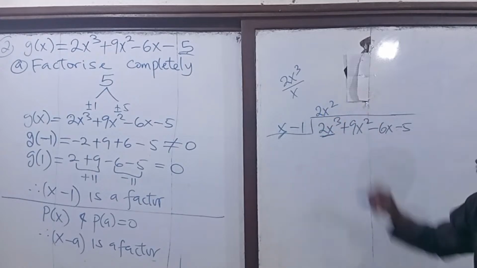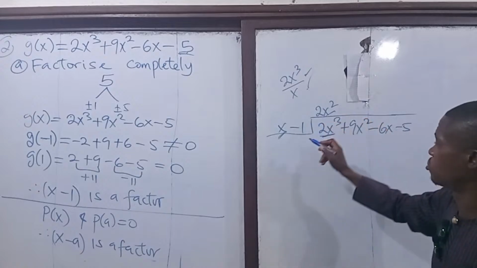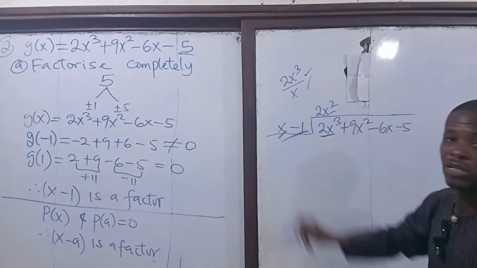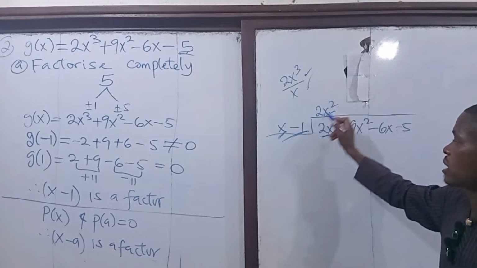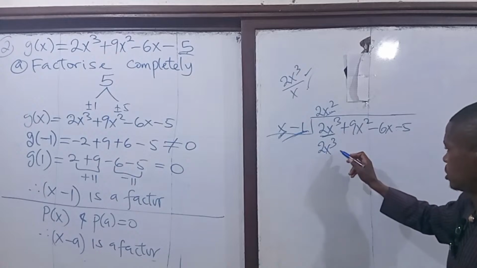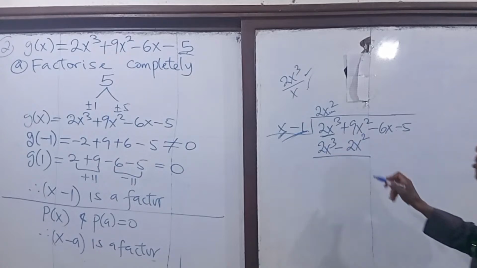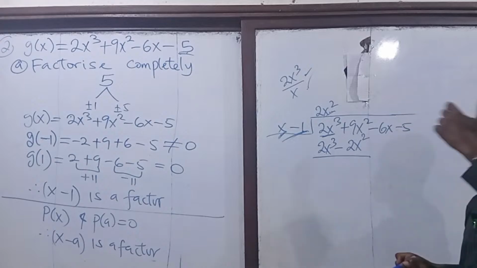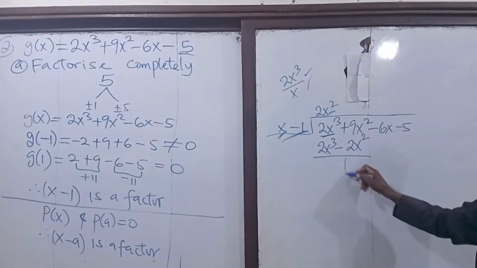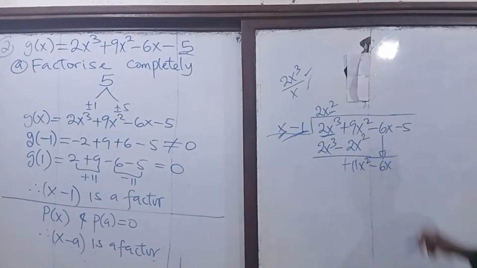Then use it to multiply your x minus 1. 2x squared times x is 2x cubed, 2x squared times minus 1 is minus 2x squared. Then do your subtraction, so that will be 9 minus 2, that's a plus 11x squared. Then you bring this one down, so you have minus 6x.